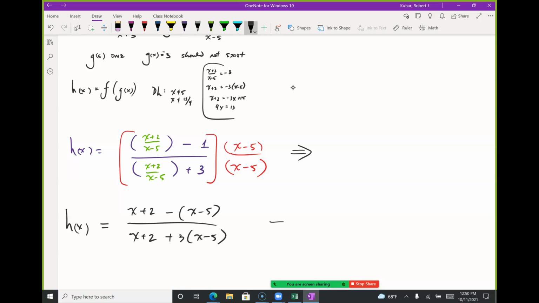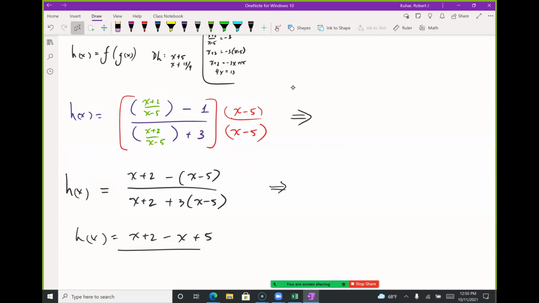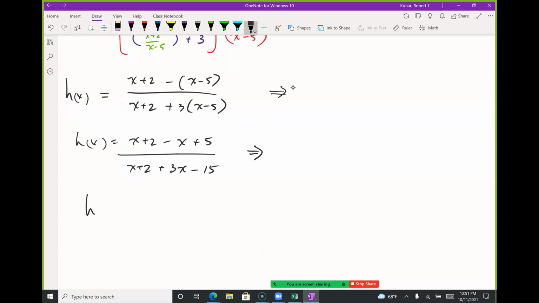So I keep going. I want to get a nice single factored numerator and denominator. So I get x plus 2 minus x plus 5 all over x plus 2 plus 3x minus 15. So it looks like I get 7 over 4x minus 13.